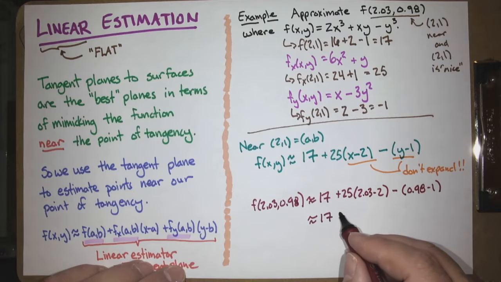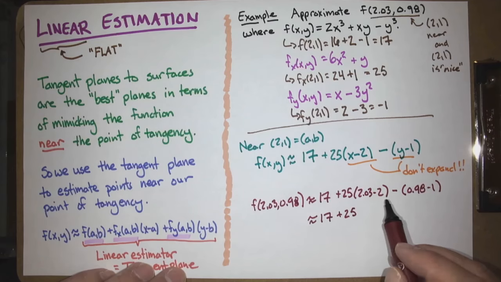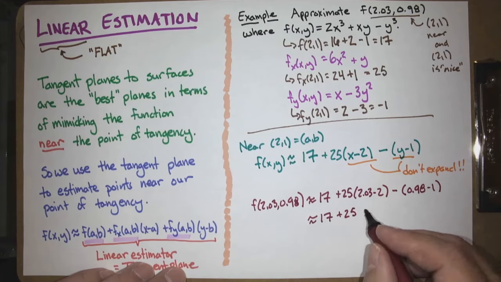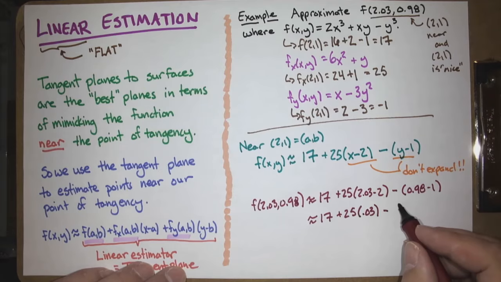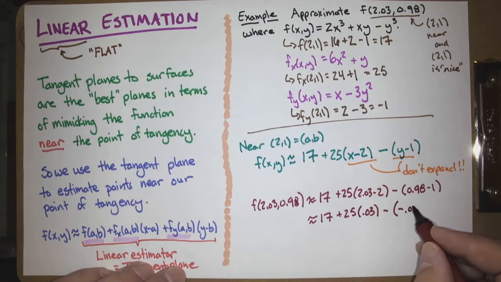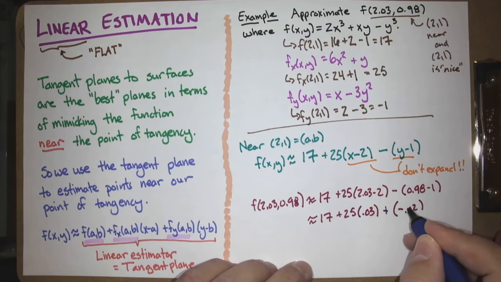Well, even on our desert island without coconuts, we can do these computations. 2.03 subtract 2, 0.03. 0.98 subtract 1, minus 0.02. Minus 0.02. And two wrongs make a right. I mean, no. Minus a minus makes a plus.